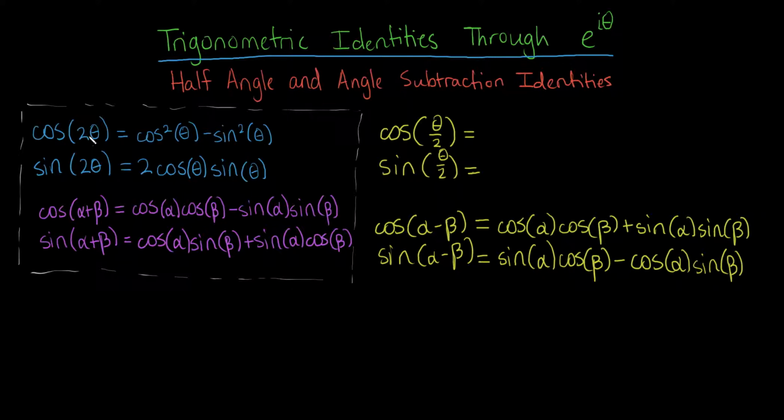One other way of thinking about the cosine of 2 theta equals cosine squared of theta minus sine squared of theta is to have some other variable, say x, equal theta over 2.